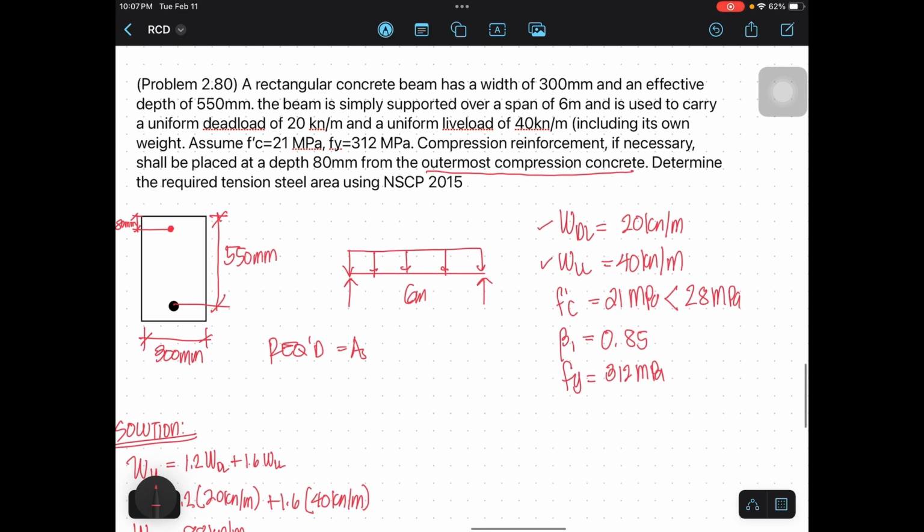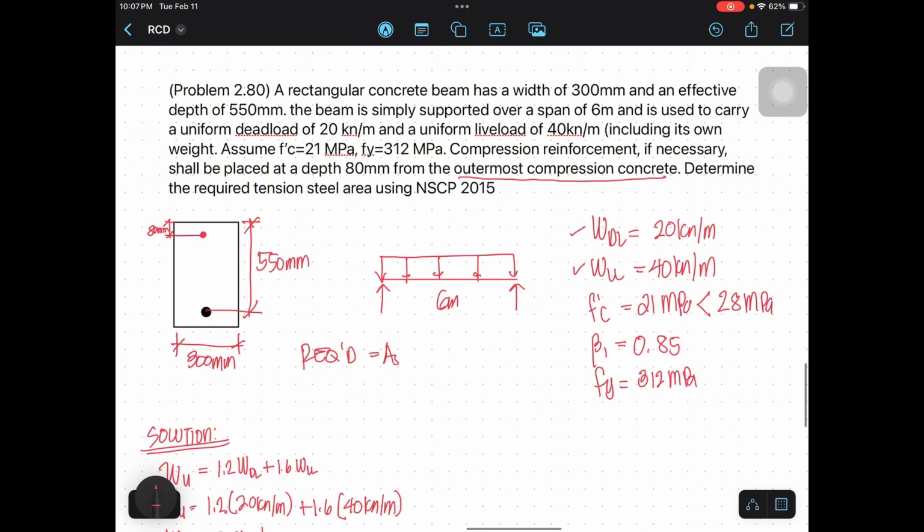So, the problem indicates that the dead load includes its own weight. Since it says including the weight of the section, there's no need to compute the loads due to the section, because its self-weight is already included in the 20 kilonewtons per meter dead load. Okay?